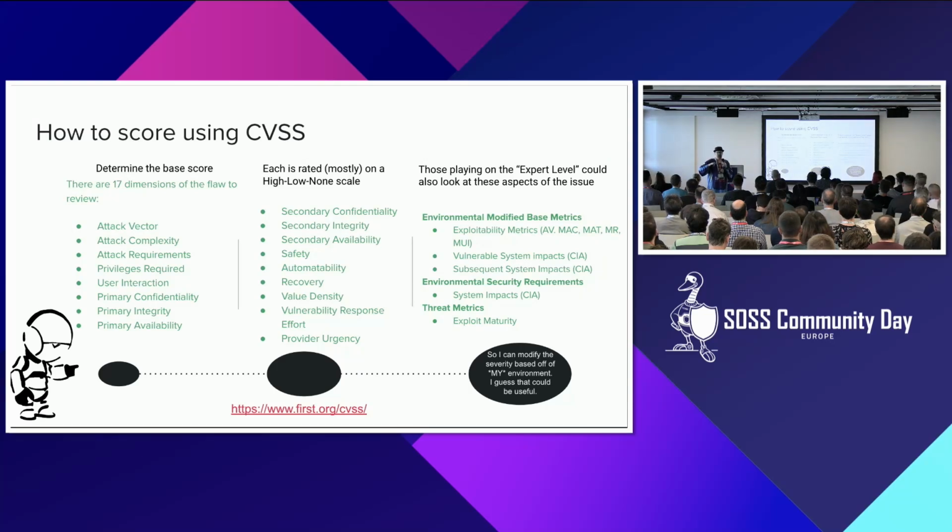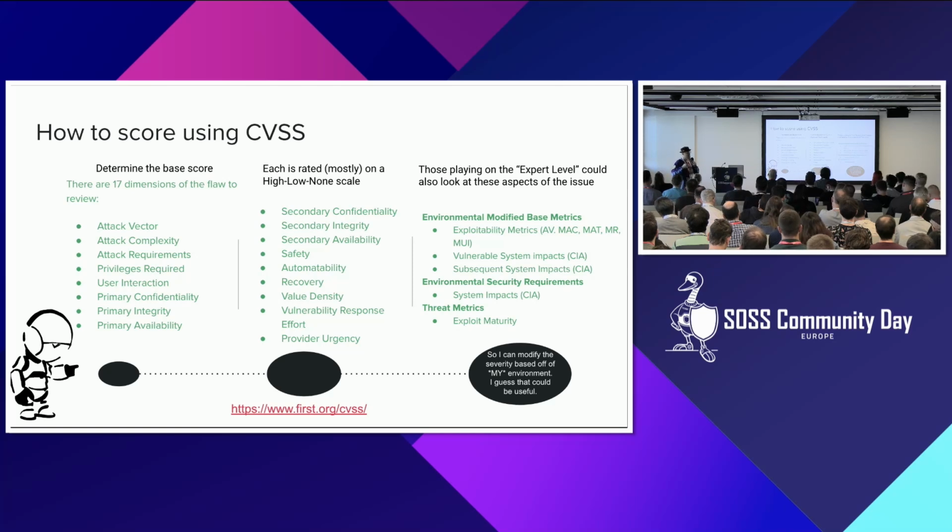We just recently went through and updated the CVSS standard from 3.1 to 4.0. So now there are 17 dimensions that we analyze a flaw with. And there's a lot of different things that go into this, and I'm going to scare you on the next page how complex it is. But basically, you look at these 17 dimensions, you typically say this is completely impacted, partially impacted, or not impacted.